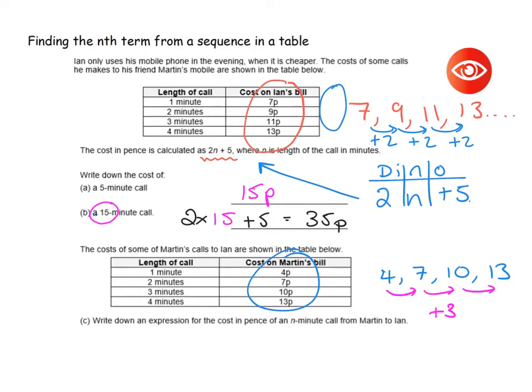So using the Dyno section, or whatever method you use, it's going to be 3n, and then the number in front of that, the 0 term, would be 1. So that's the rule for that, so 3n plus 1. So it's just about generating the information from the table as opposed to giving it to you in a sequence straight away. Let's have a look at a similar question.